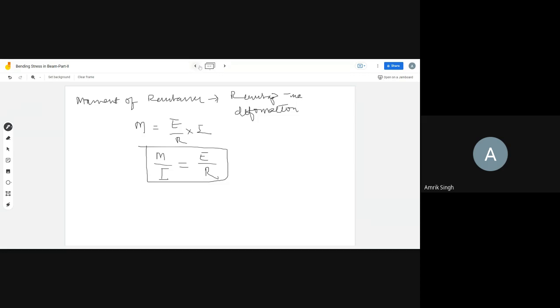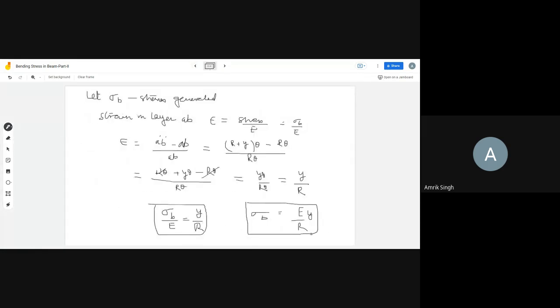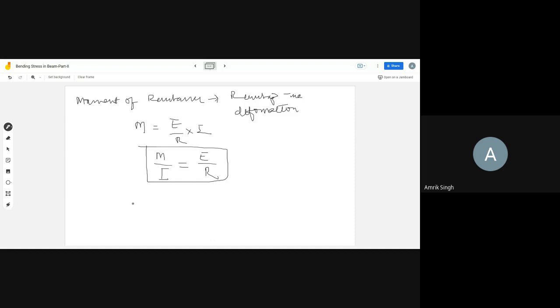So E upon R is M upon I, and here you have proved E upon R is equal to sigma B upon Y. So you can write sigma B upon Y is equal to E upon R. So from this relation and the relation you have proved, we can write sigma B upon Y is equal to M upon I is equal to E upon R. So this is the bending equation.